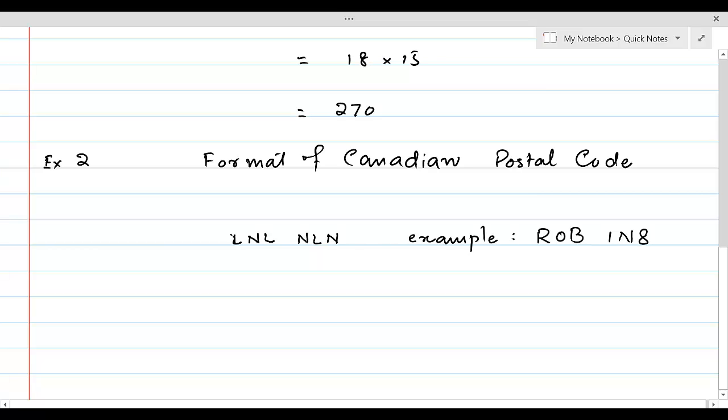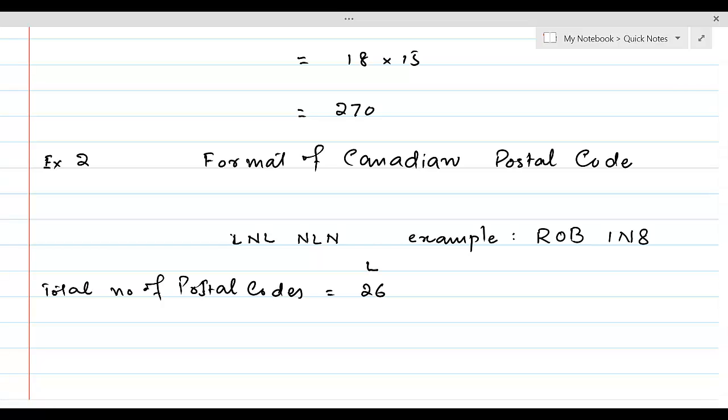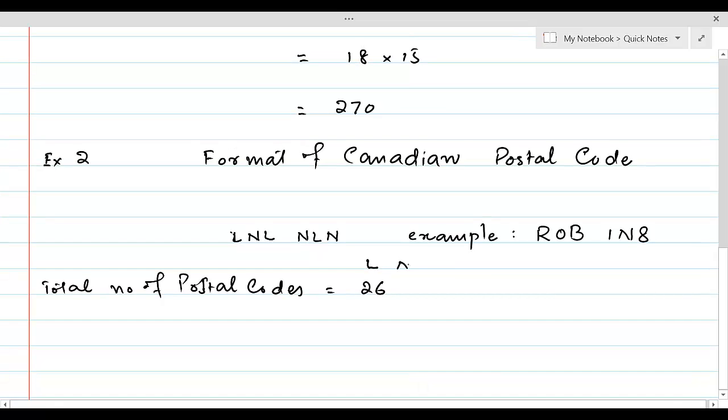So how many different choices for the first letter? So the total number of postal codes which are possible. There are 26 different choices for filling out the first letter, because a letter could be anything from A to Z. And then for a number, it could be any number from 0 to 9.